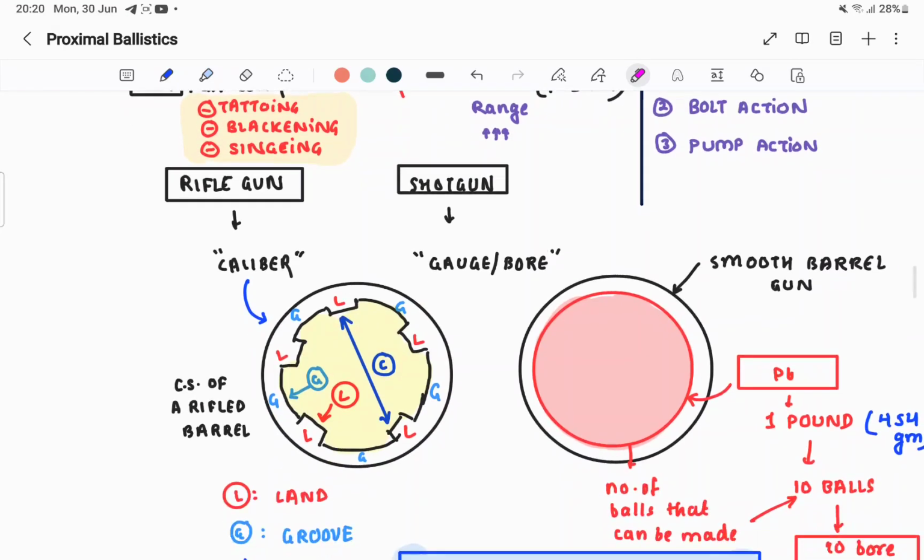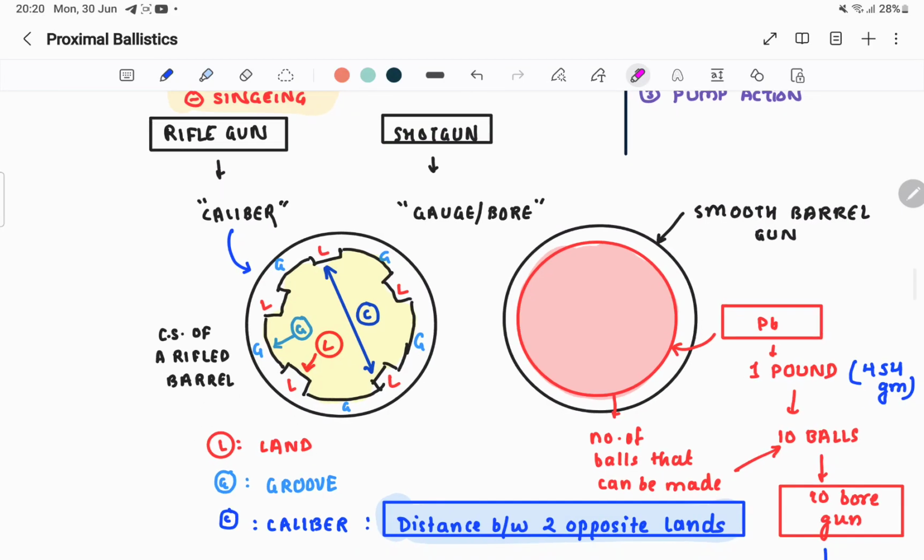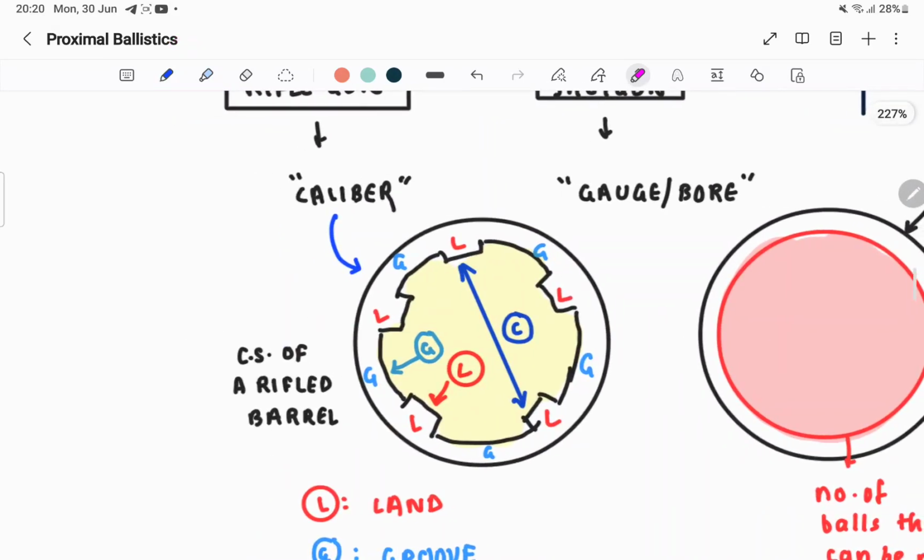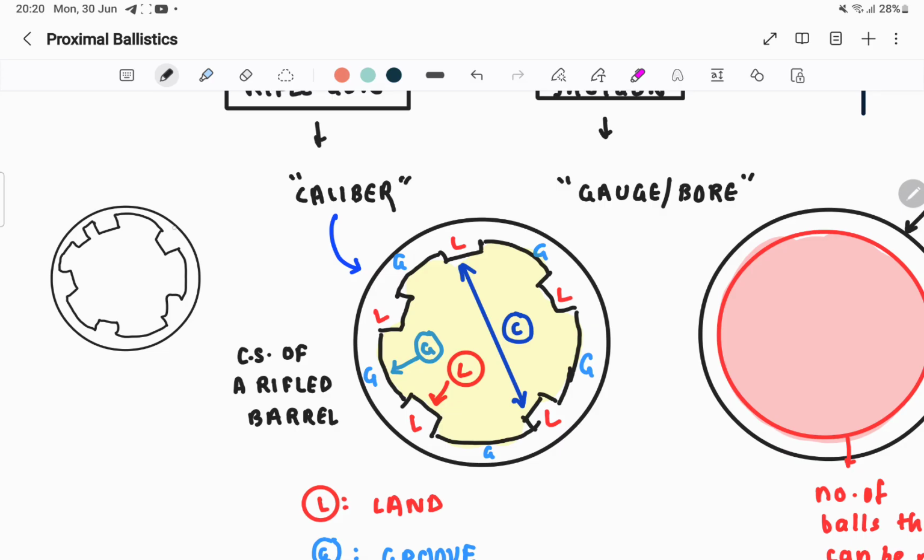Let's look at the cross section of a rifle gun and a shotgun. So rifle gun, look at this. Let me draw it for you because you must be finding it complicated to look at this diagram. This is the cross section. You can see some protruded regions like this, and these protruded regions are called land.